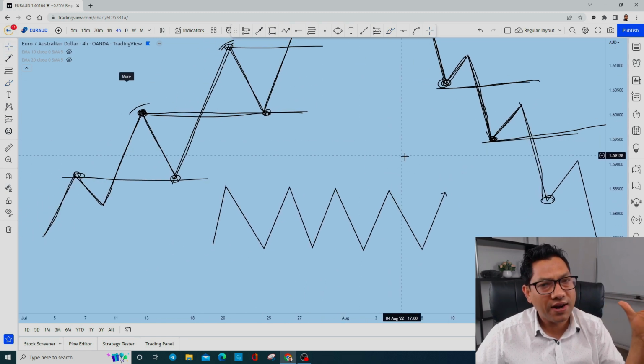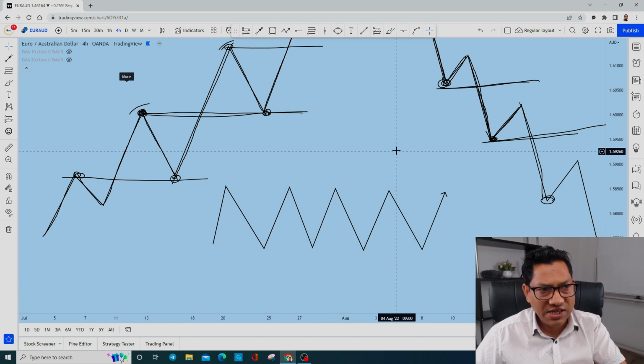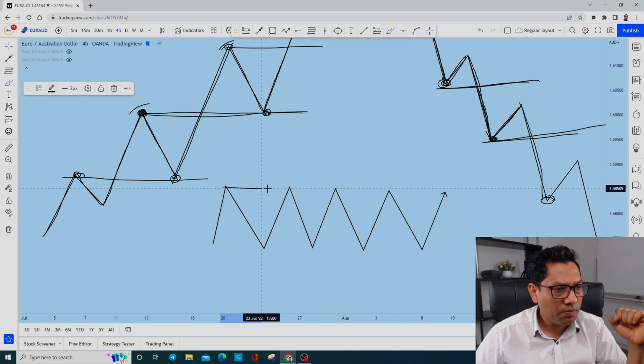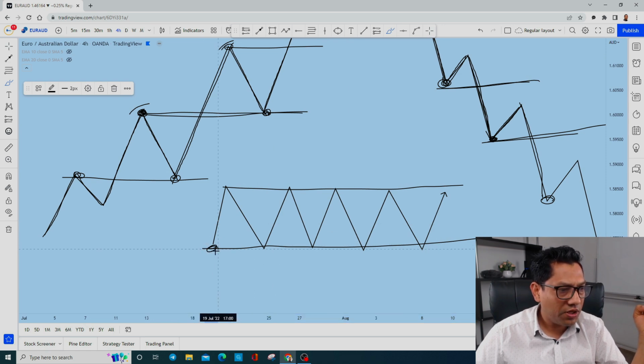It is when you see that a market is neither going up nor coming down. Instead, the market is just moving between a support and a resistance. Let's say from this point the market created this move to this zone, came back down here, and again pushed up to the same level.